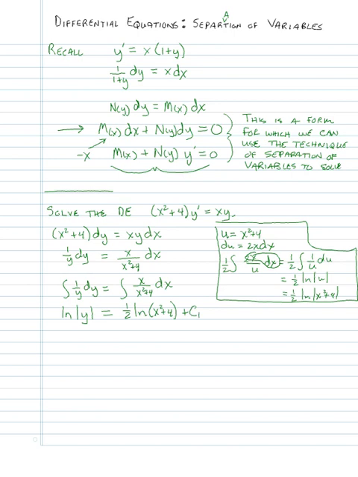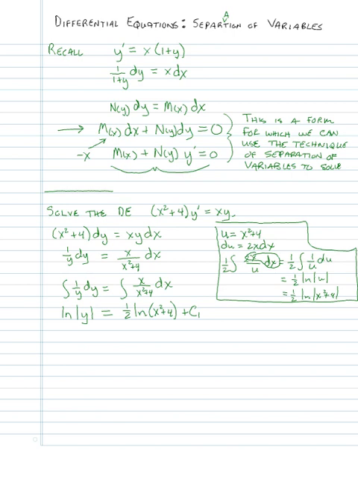Now, I'm anticipating I may need to change that, and so I'm calling it the constant c sub 1. Now, you might notice that my absolute values disappeared in my natural log. Realistically, we have to have the natural log of the absolute value, but x squared plus 4 is always going to be positive. It can't be 0, it can't be negative. So the absolute value of x squared plus 4 is the same as just x squared plus 4.